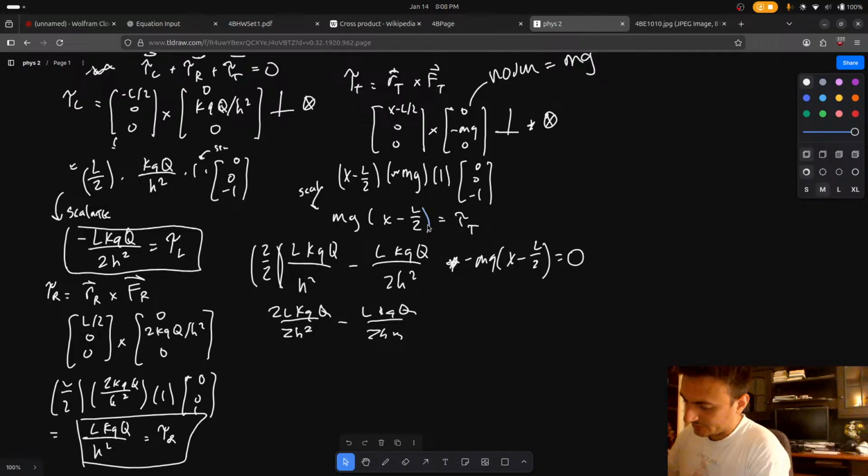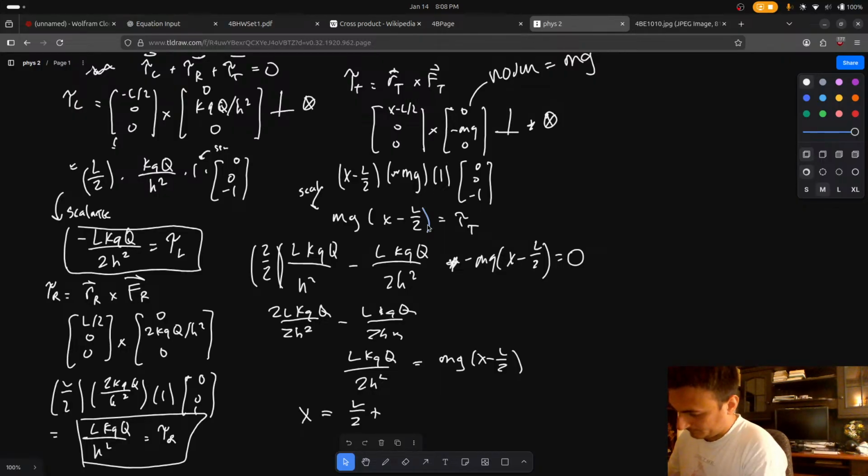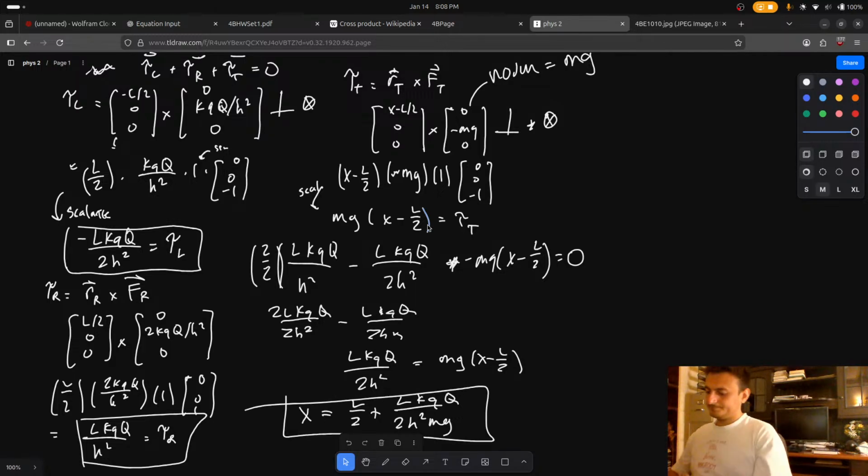This is going to be equal to, so that's the distance from the side so that it's all balanced.